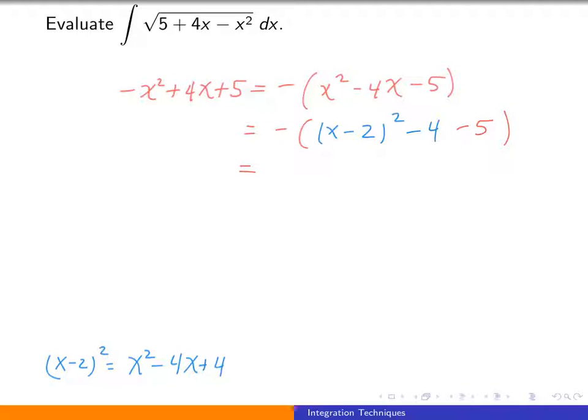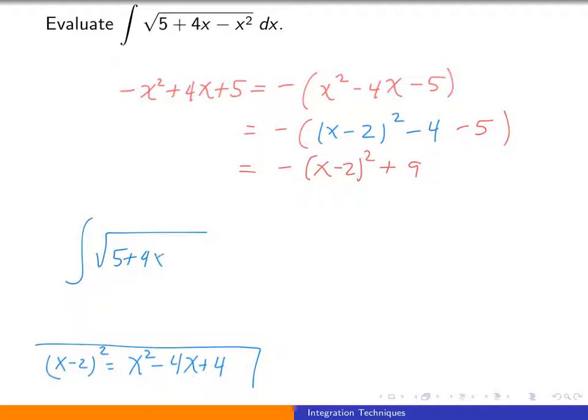Together this gives us minus the quantity x minus 2 squared, minus the quantity minus 9. So plus 9. So rewriting our integrand, we have the antiderivative of the square root of 5 plus 4x minus x squared is equal to the antiderivative of the square root of 9 minus the quantity x minus 2 squared.